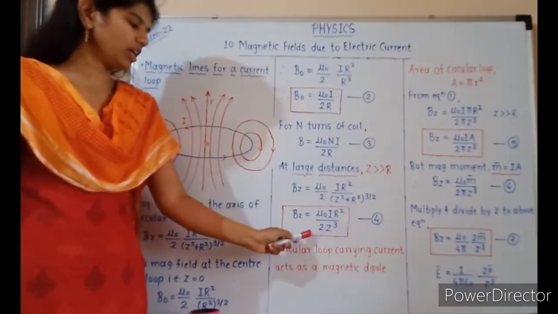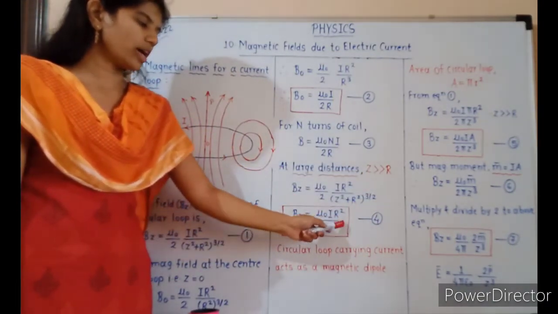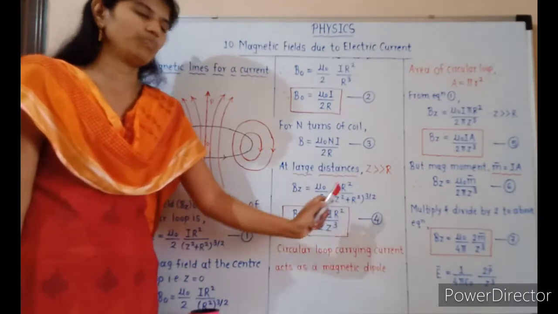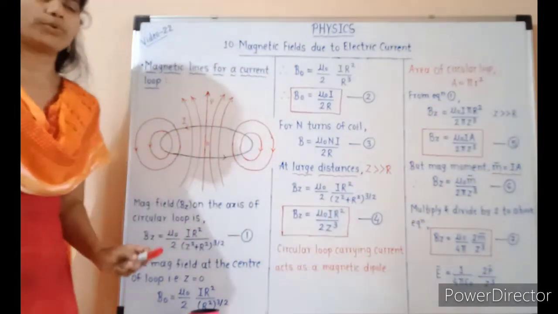From this equation we get Bz is equal to mu 0 I r square upon 2z cube. The 2 cancels with this 2 in the numerator, leaving mu 0 I r square upon 2z cube. This is your equation number 4.